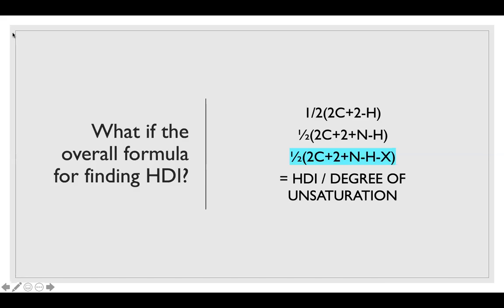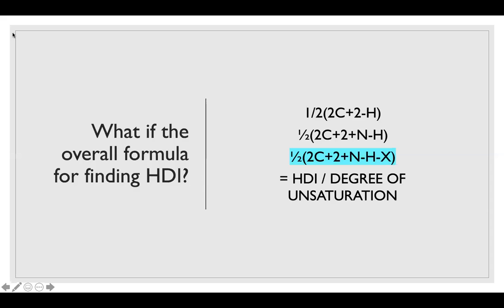And then we're going to subtract the hydrogen that are present. Now, when you get into a molecule that contains nitrogen, that will give us a new formula of 1/2 times 2C plus 2, plus the number of nitrogen present, minus the number of hydrogen present.